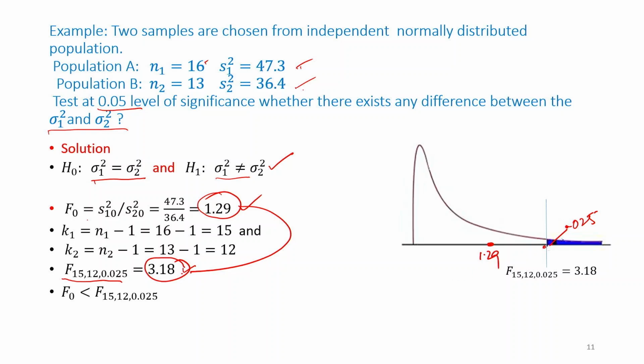So it is much less than the critical value of F. So what should be the conclusion? That the null hypothesis cannot be rejected because it is somewhere here, less than here. It is not falling on this side. This is how the calculation part is very, very simple. It's just 2-3 steps.